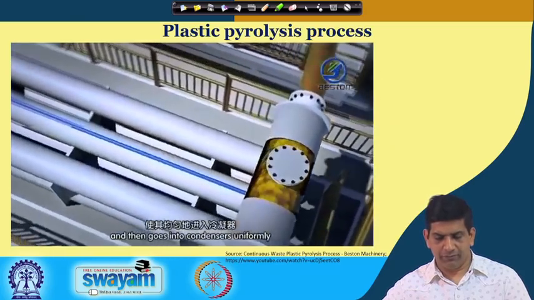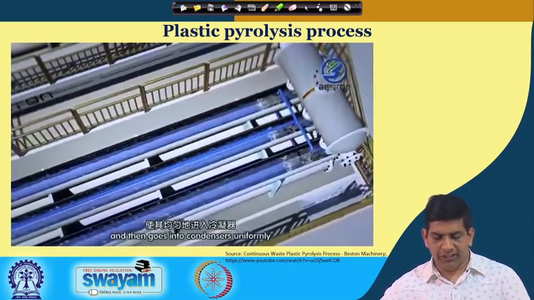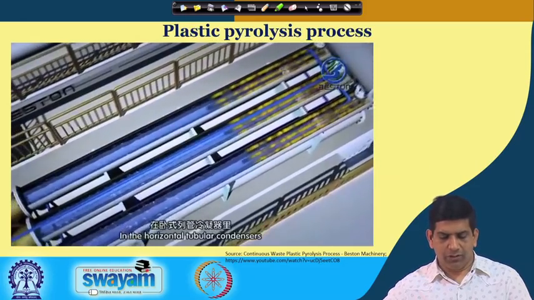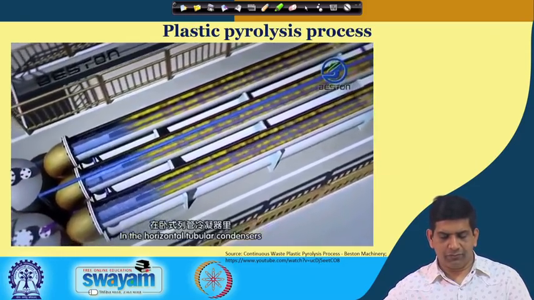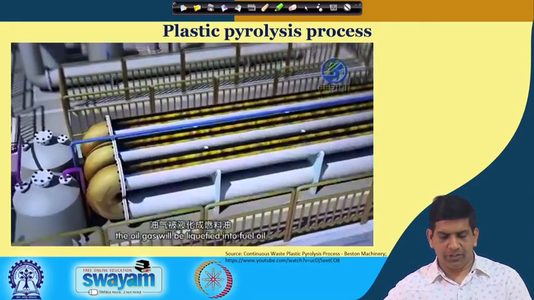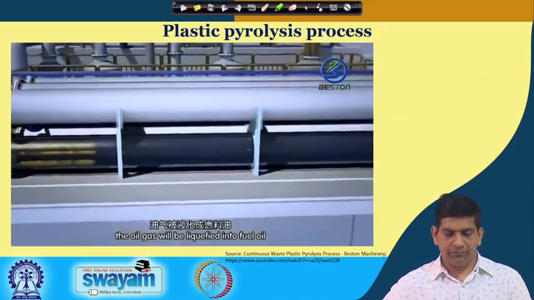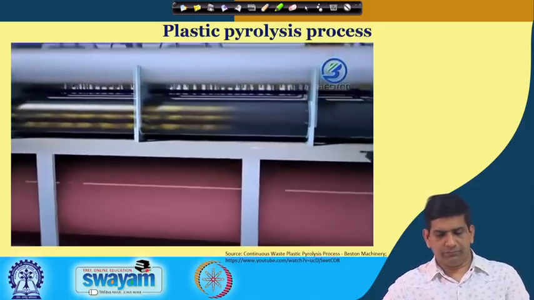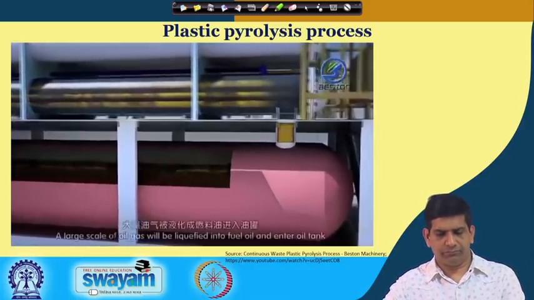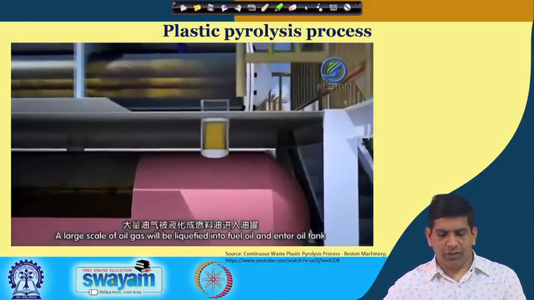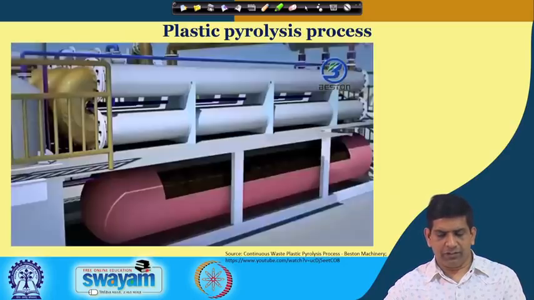Then the gas will be condensed in the horizontal tubular condenser. We have the condensation happening. Then the oil gas will be liquefied into fuel oil, and a large scale of oil gas will be liquefied and then goes to the oil tank.